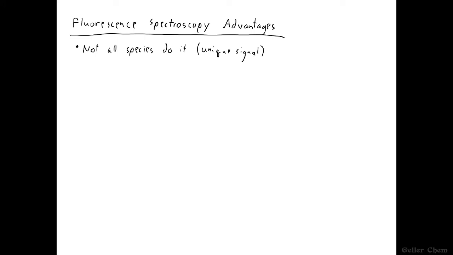It is rather unlikely that in a mixture you're going to have two different fluorescent chemicals that are also emitting almost the same light as each other and creating a convoluted picture like what we saw before in the absorption spectrum of that multivitamin. The other major advantage: it's more sensitive than an absorbance (ABS) experiment.